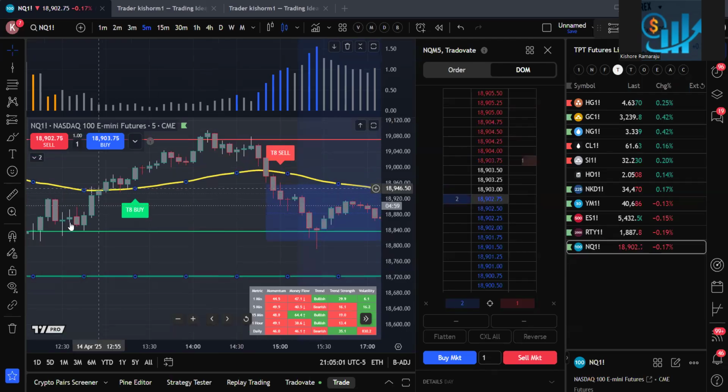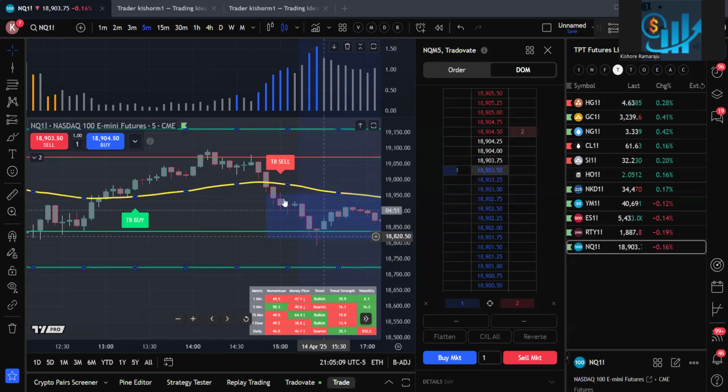That is nearly 300 points up. In the last 15 minutes, because it went all the way till the resistance, there was a drop. Generally, in the last 15 minutes they try to reverse the market. So in the last 15 minutes they brought it down, but until 2:45 it moved huge.